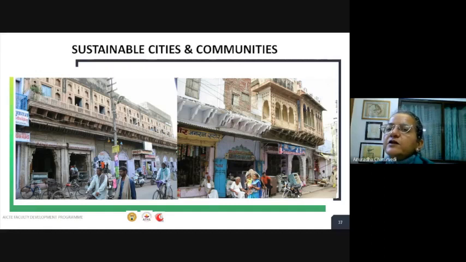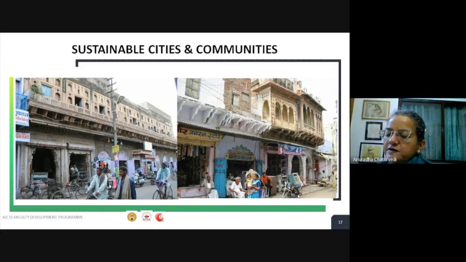In our context, many of our historic city centers have been designated as slums, and the traditional and historic housing, which is extremely affordable, has deteriorated and been abandoned in many cases. So it is important to carry out inventorization of these resources to ensure that they are upgraded and retrofitted in order to ensure the achievement of targets such as 11.1 related to safe and affordable housing and basic services.